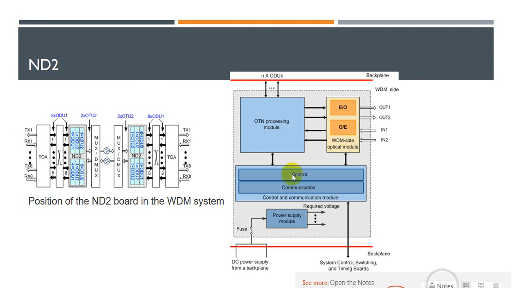In the signal flow, other than the common communication, control and power supply, the main point is that there will be a connection only with the cross connection unit. This is a backplane, and it is connected because it has to take the signal from any of the tributary boards based on the user requirement.